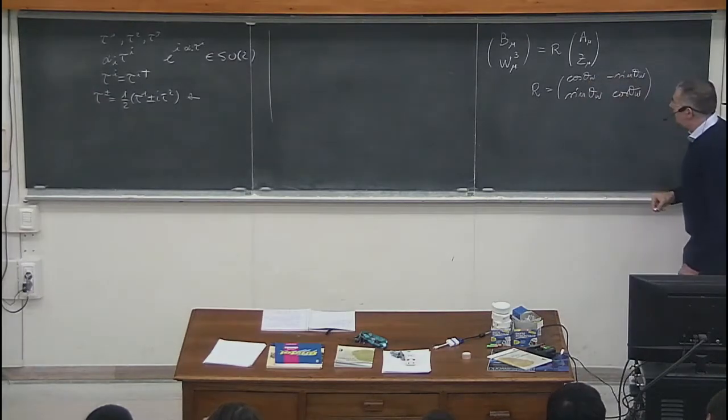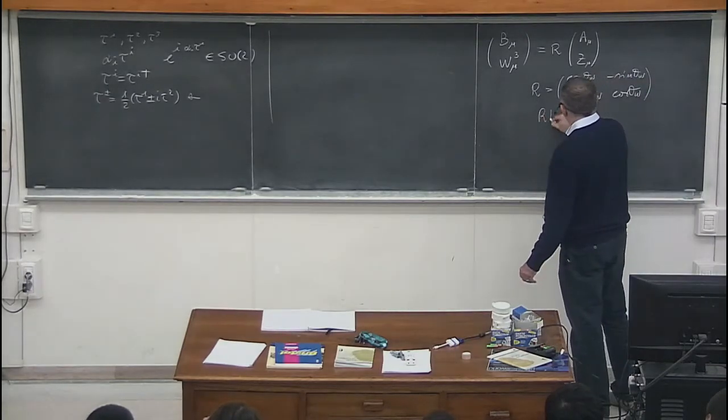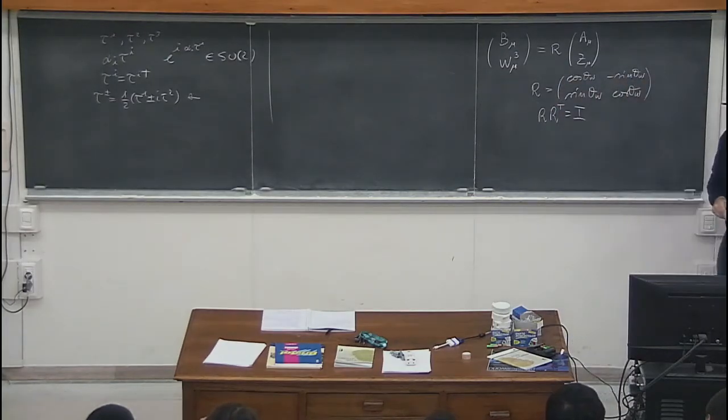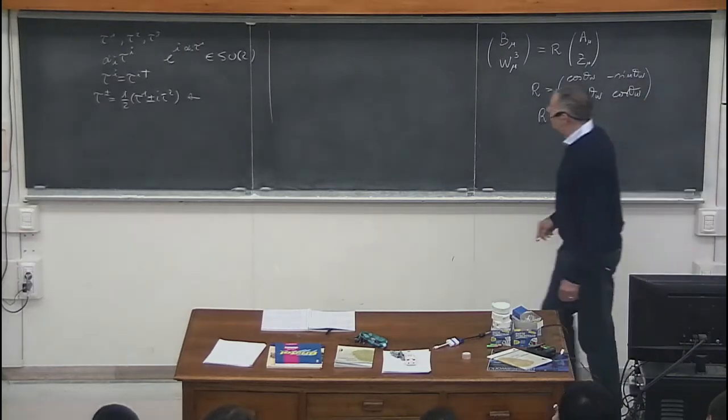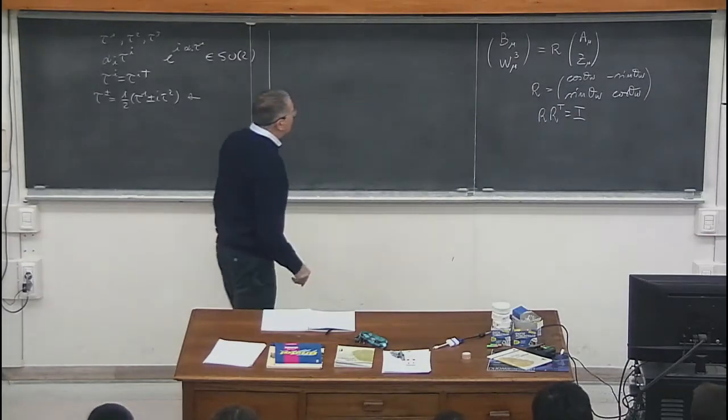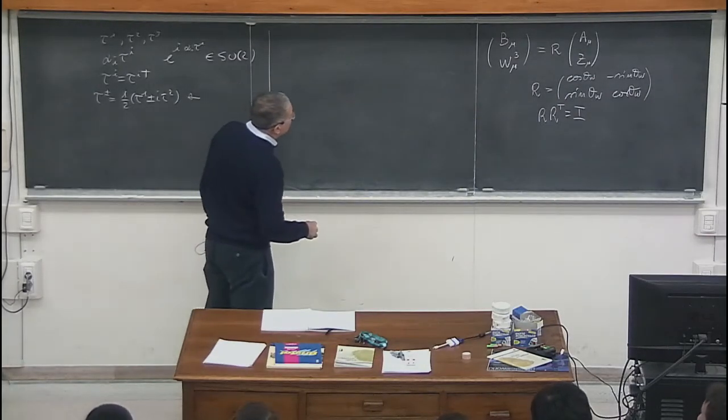This is an orthogonal matrix, R transpose R is equal to the identity matrix. And I promised you that I would give you a motivation for this choice, which I didn't. So I now keep my promise. And the reason is the following.